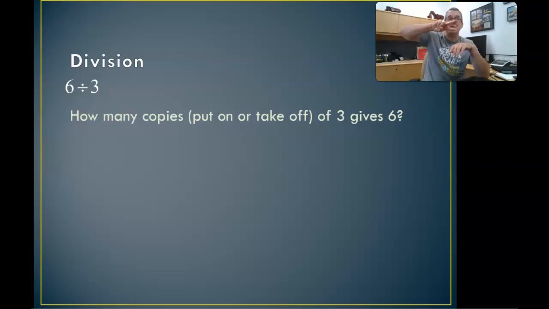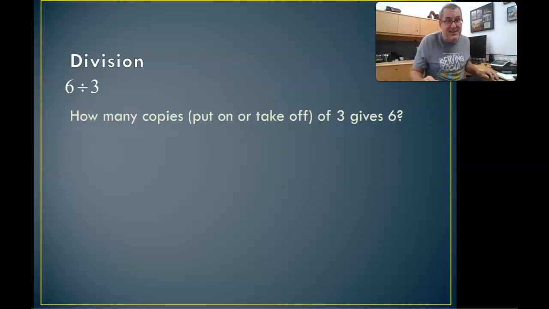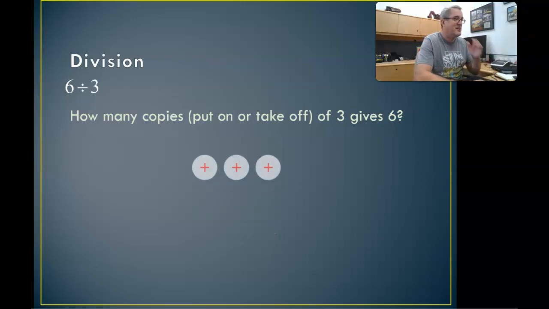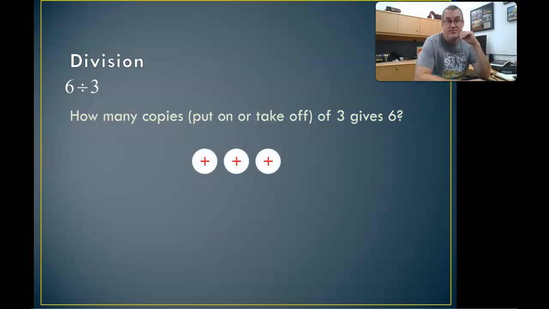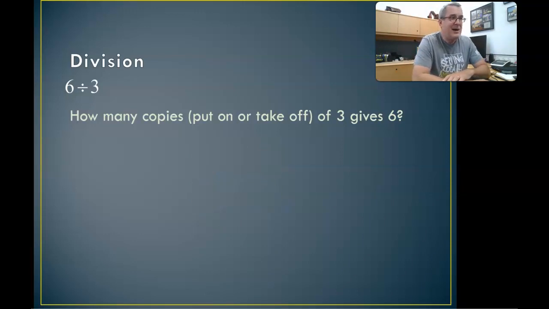And since division is just the inverse operation of multiplication, instead of telling us how many copies, like remember 5 times 3, 5 copies of 3, this says how many copies of 3 give 6. And so here's how it could look. Well, there's a copy of 3. Do you have 6 yet? Nope. There's another copy of 3. Do you have 6 yet? Yep. So how many copies of 3 did it take to make 6?